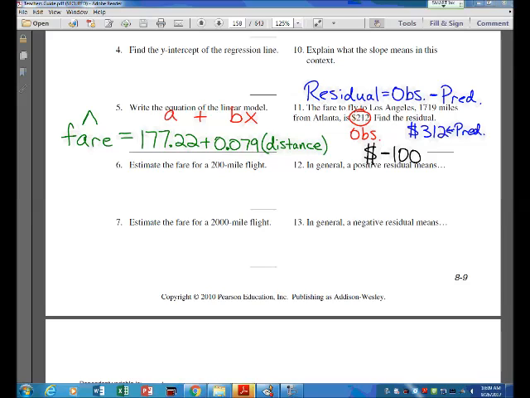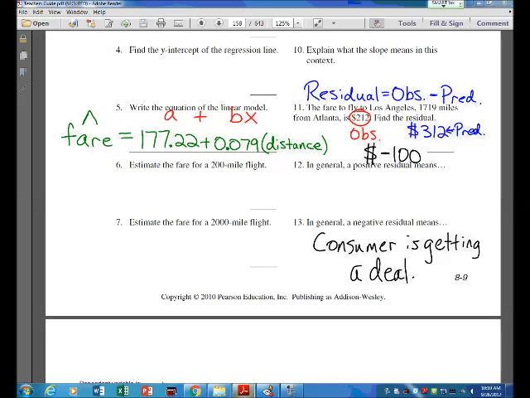The consumer is getting a deal. I am paying less money than what the model expects me to pay. All right, so that's good. So in this context, again, because it could change in other problems, I want a negative residual. That means I'm paying less money than the model thinks I should pay.